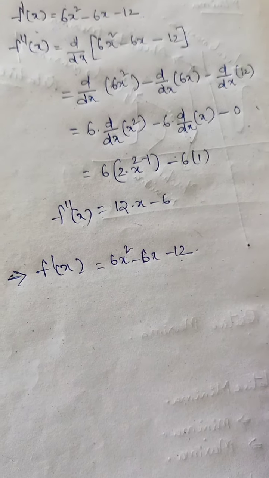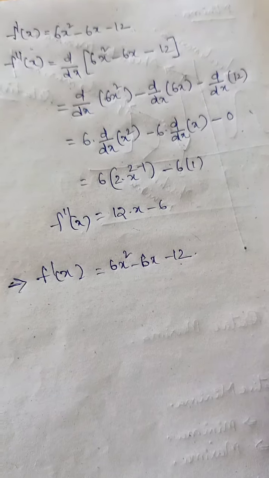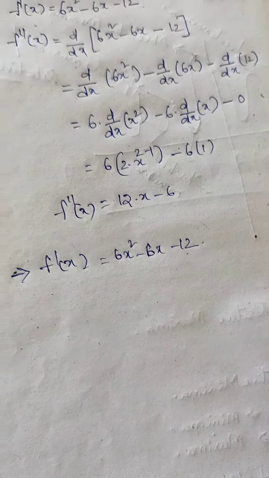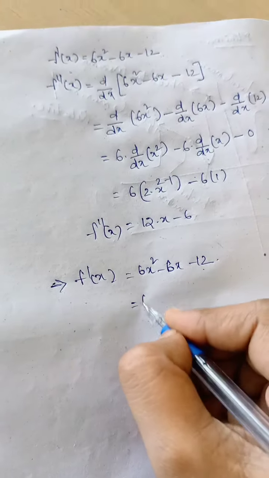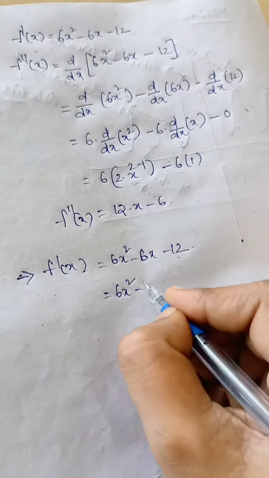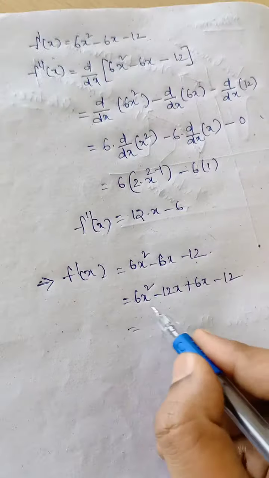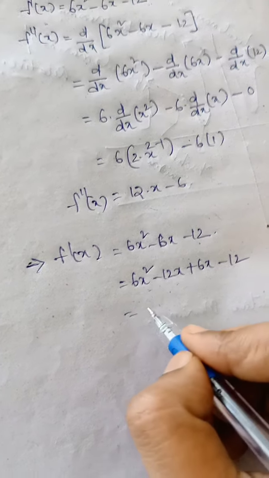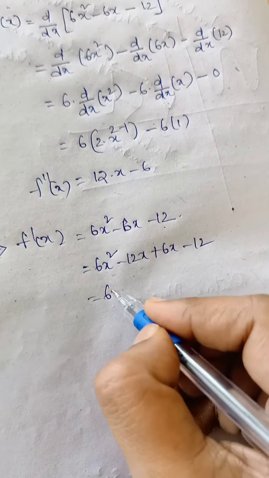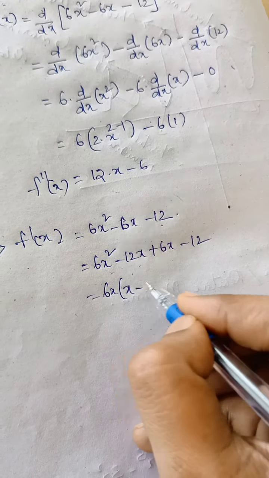Minus 72, so the split is minus 12 and plus 6: 6x square minus 12x plus 6x minus 12. From these two terms we can take 6x common: 6x into x minus 2 plus 6 into x minus 2.